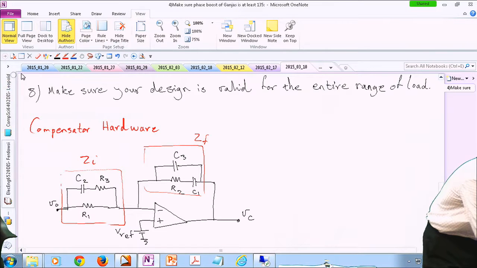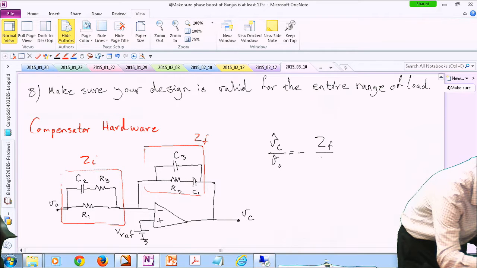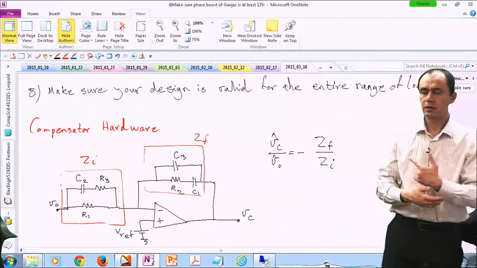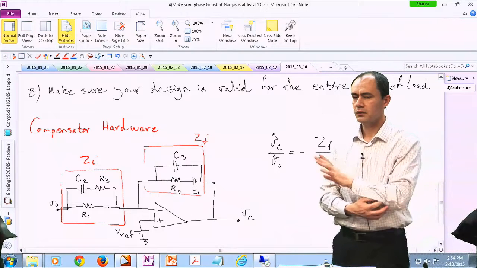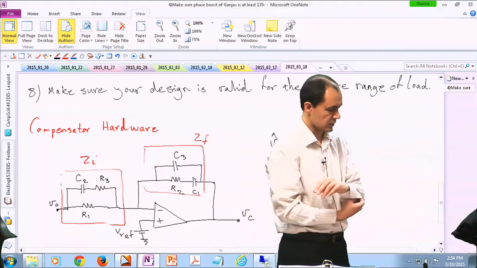So going back to circuits 1, remember we are looking at the gain of this network to be negative. Okay. The sign negative, no problem. Remember, we are all talking about negative feedback. There's always a negative sign in the loop, so that is already taking care of that.